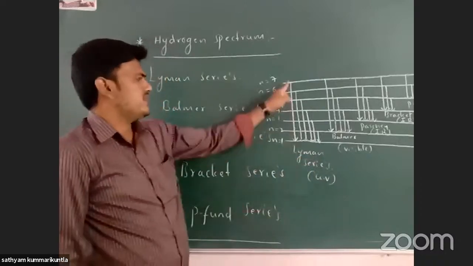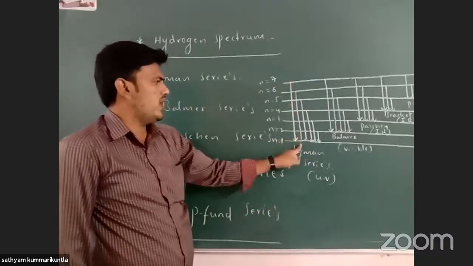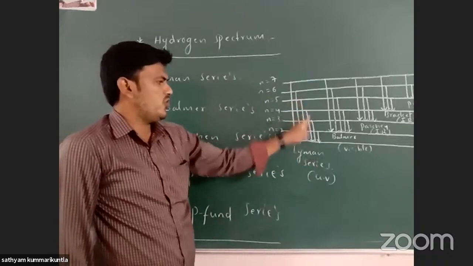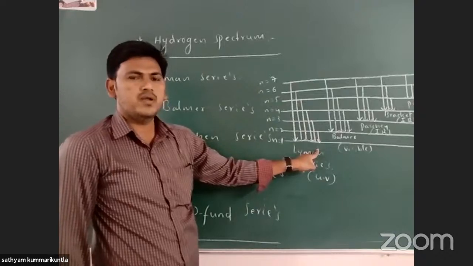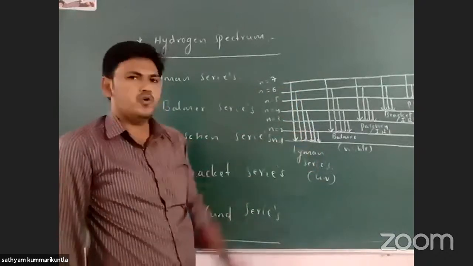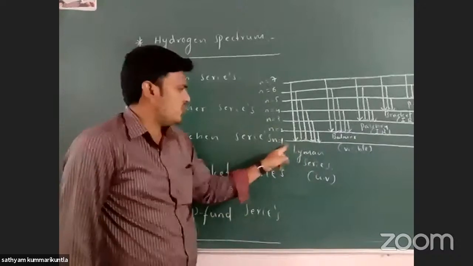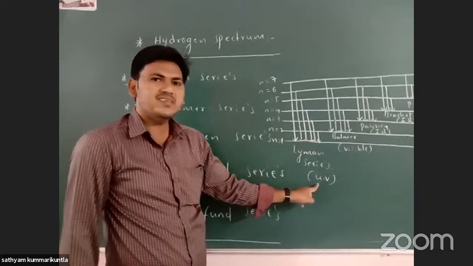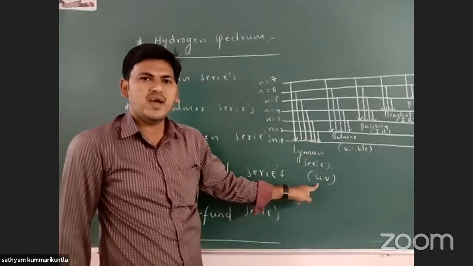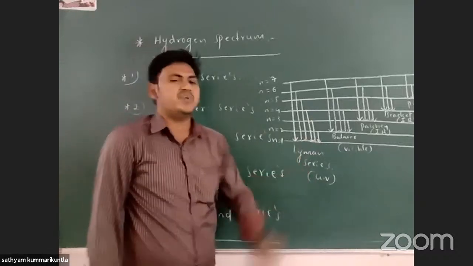That means 7 to 1, 6 to 1, 5 to 1, 4 to 1, 3 to 1, 2 to 1. UV region or ultraviolet region is called Lyman series.